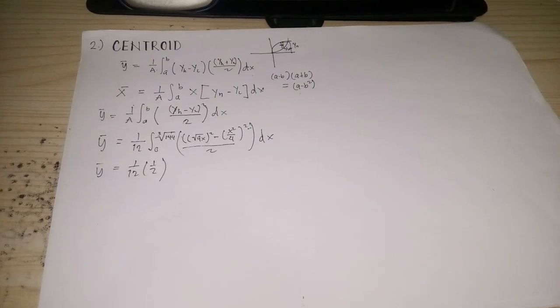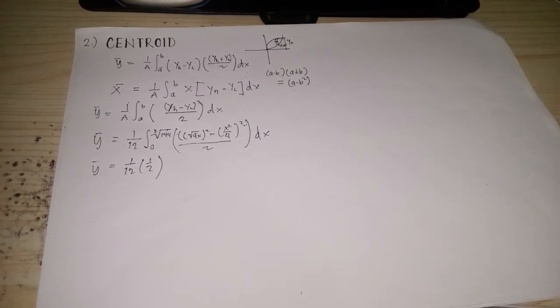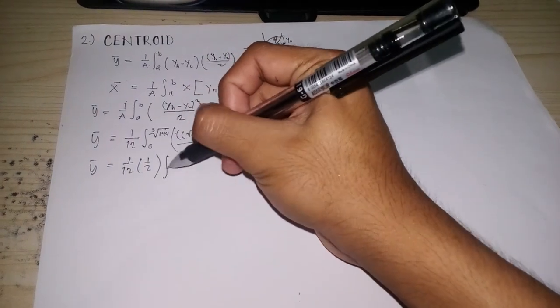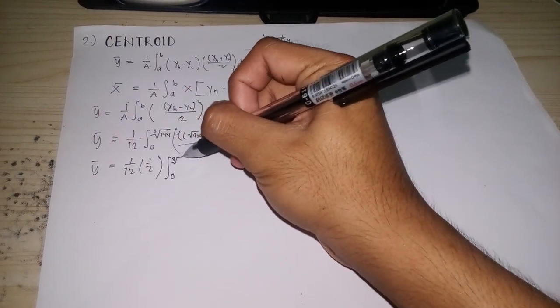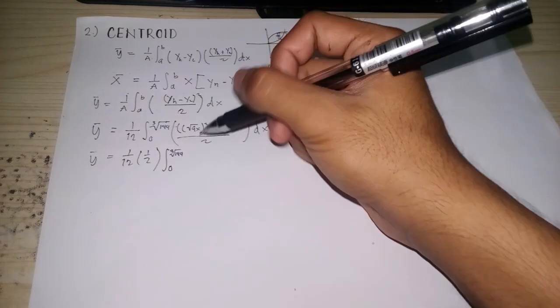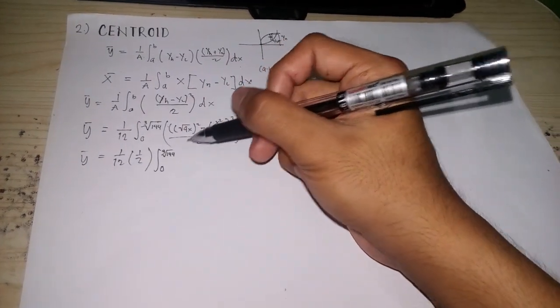So from the integral from 0 to cube root of 144, this will become what?